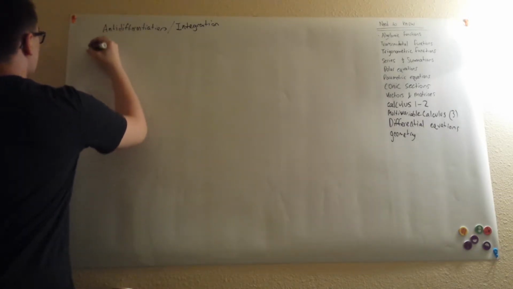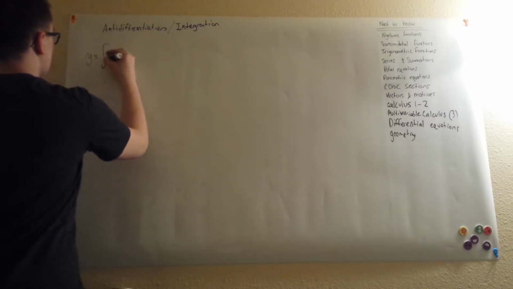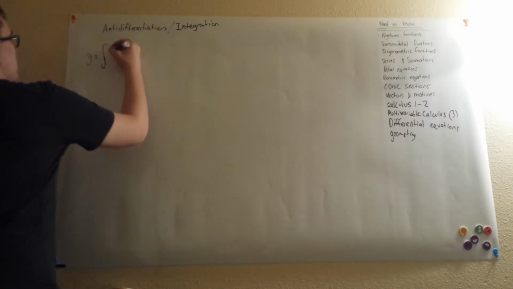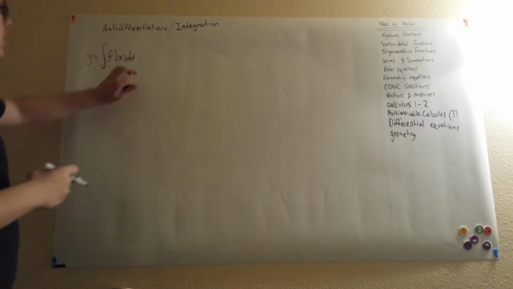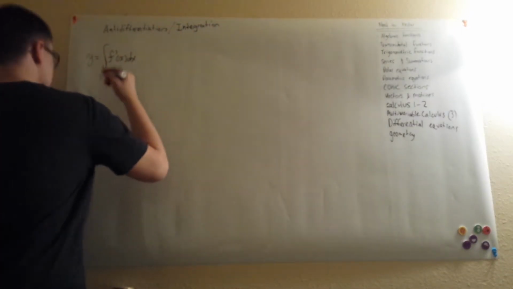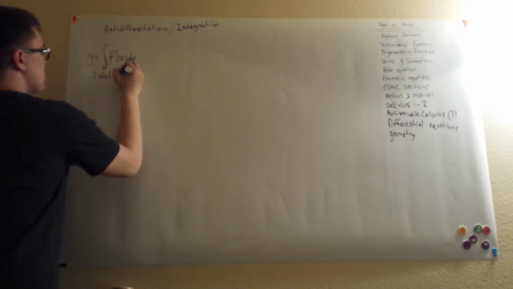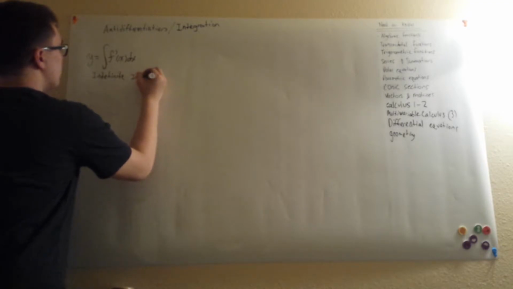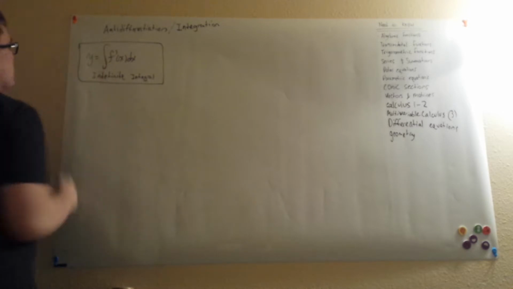We know the integral undoes a derivative. Put a dx there because that comes from the differential form. This is the indefinite integral. I want to make sure that's correct.